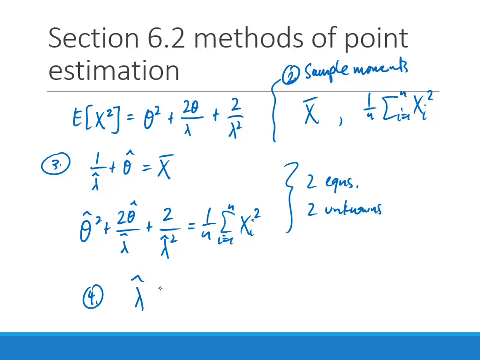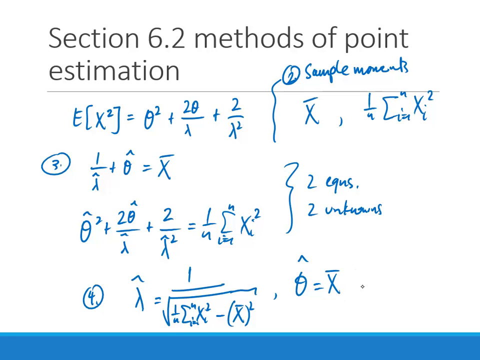So my lambda hat is going to be equal to 1 over the square root of the second sample moment minus the mean squared. And theta hat will be x bar minus the same thing there.